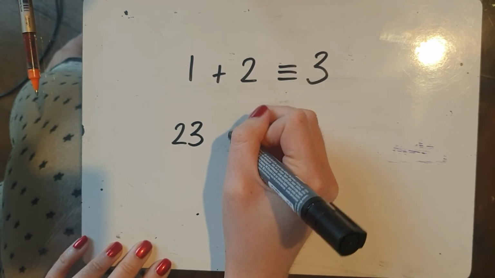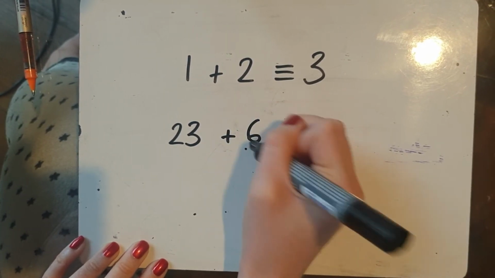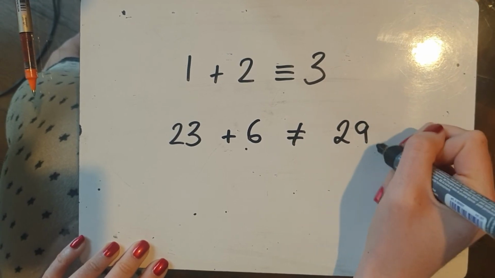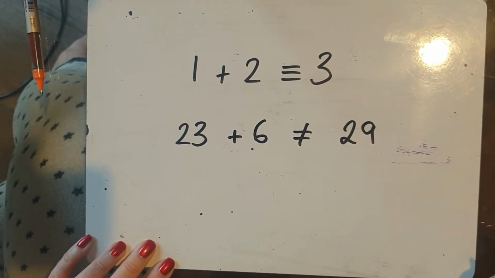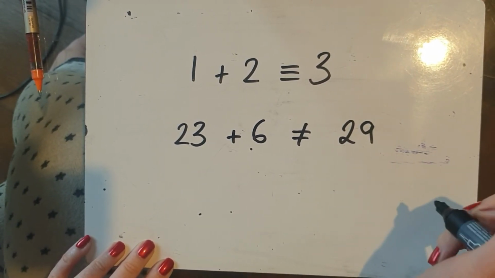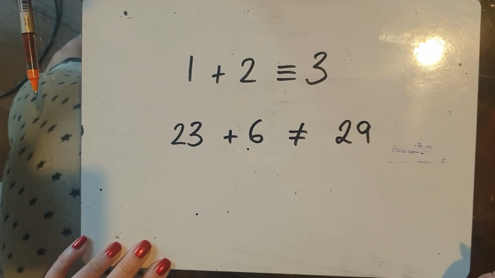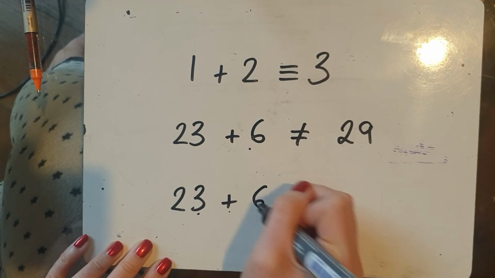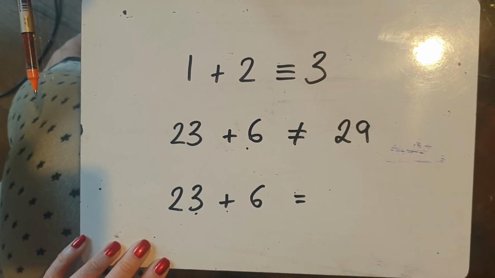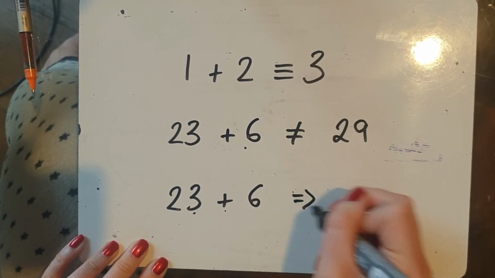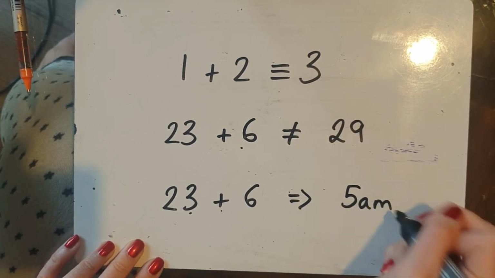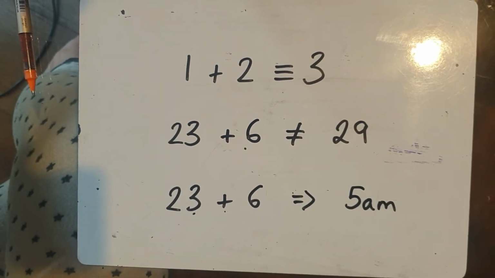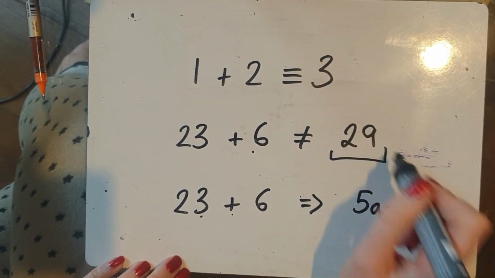Now, if we add 6 hours to that, it does not turn into 29 on the 24-hour clock, because the 24-hour clock only goes up to 24 hours. If we do 23 plus 6 on a 24-hour clock, we actually end up getting to 5 a.m. So in the 24-hour clock world, the number 29 does not even exist.